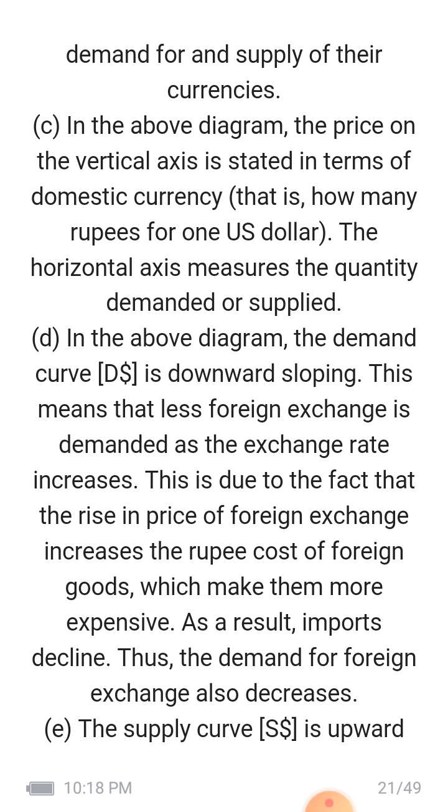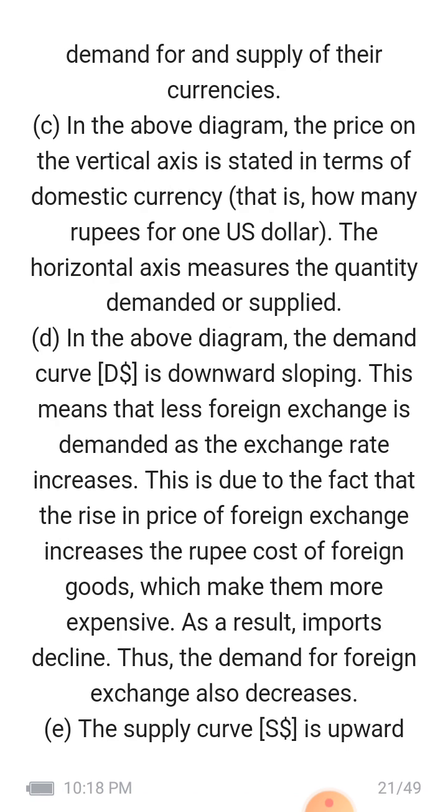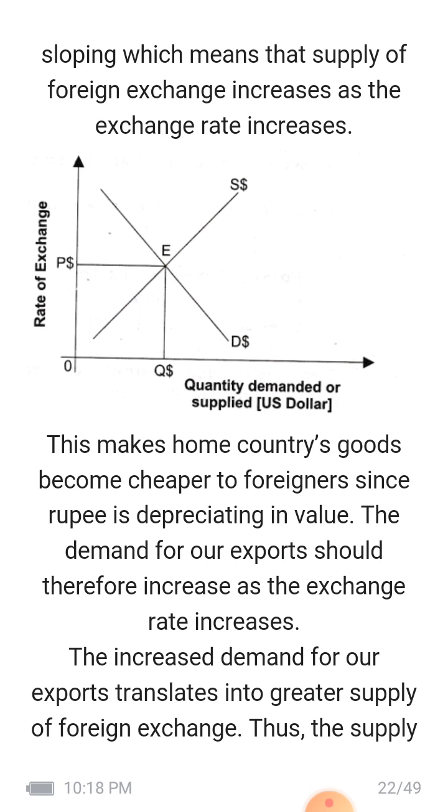The supply curve is sloping upwards, which means that the supply of foreign exchange increases as the exchange rate increases. This makes home country goods cheaper to foreigners since the rupee is depreciating in value.